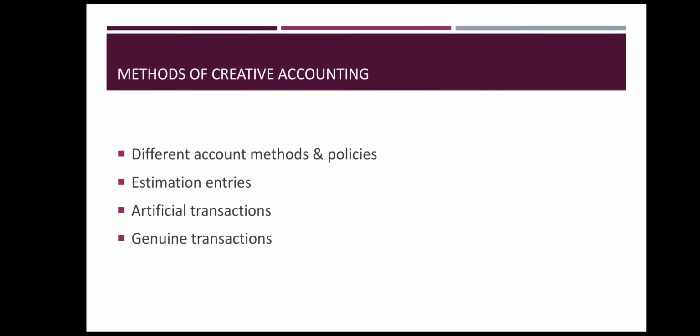Profit coming down means it will have to pay less tax to the government. So like this, because there are different methods and policies of accounting, you can select those methods and policies which are suitable to your business, and accordingly show a better picture of accounts.